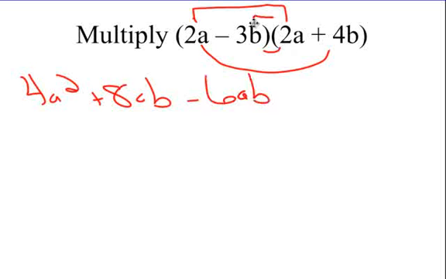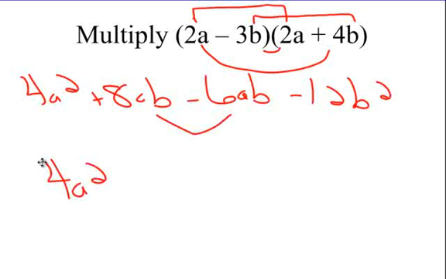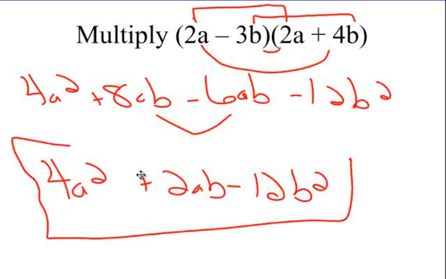So there's a nose, and here's another eyebrow. It kind of has this raised eyebrow. I don't know. You know, whatever helps you remember. So minus 12b squared. So ab and ab, they are like terms, so 4a squared plus 2ab minus 12b squared. Final answer. These guys are good.